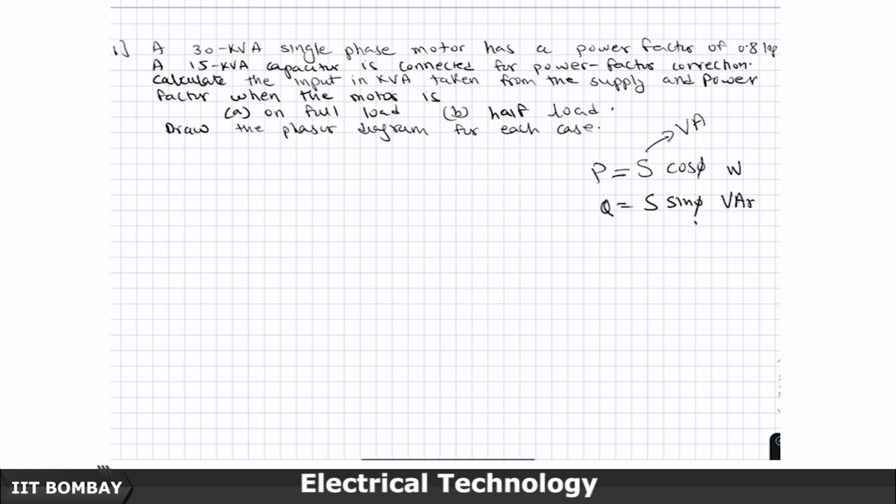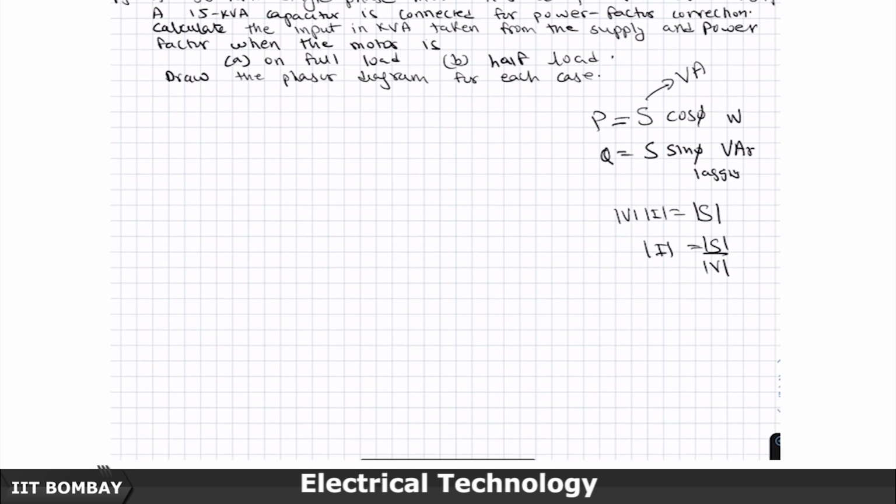Now, if this is the lagging power factor, and we are still talking of a single phase system here, then S is equal to V into I. So, the current which is drawn is, magnitude of S is magnitude of V into magnitude of I. So, magnitude of S by magnitude of V is the current which is drawn, and if I compensate this, put a capacitor in parallel.